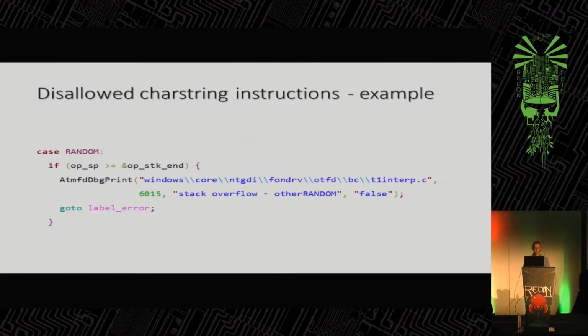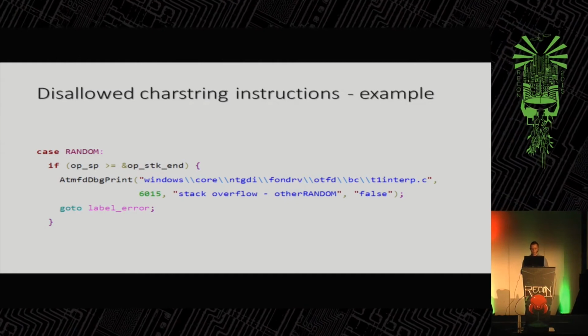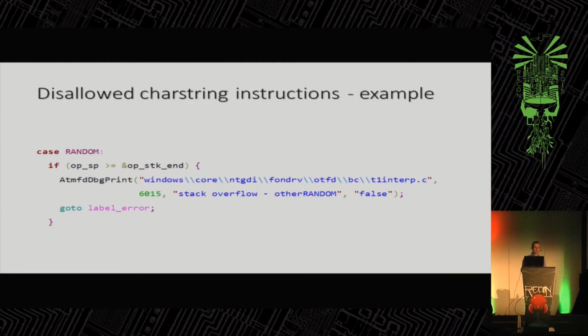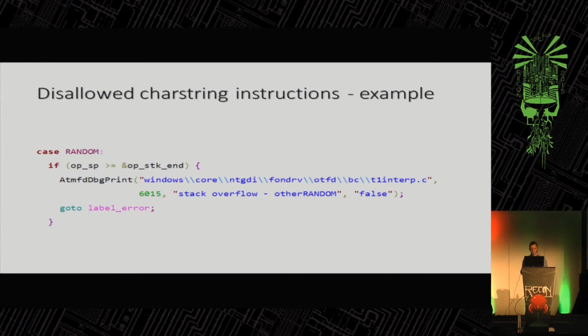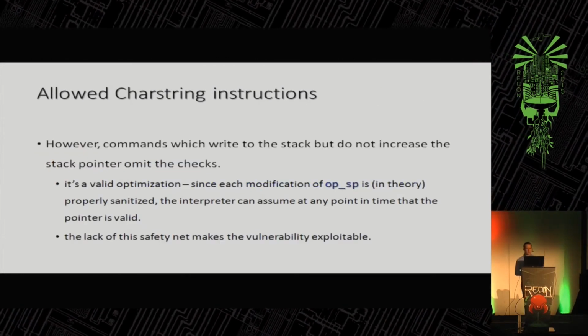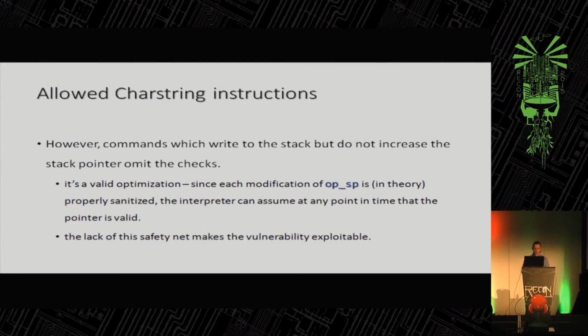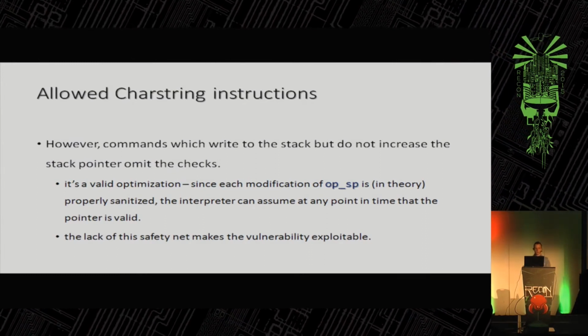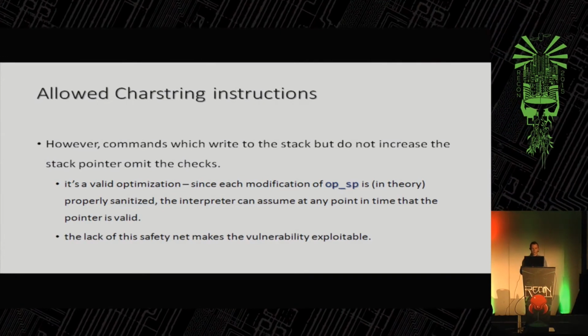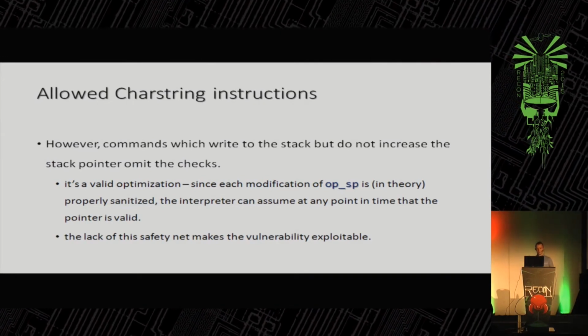So here is an example. Basically, you can see that the first thing that the random implementation does is check whether the OPSP is not larger than the end of the stack. And if it is, it just aborts. However, we're not really lost in this situation, because there are some commands which write to the stack but do not increase the stack pointer, because they also pop some values from the stack before that.